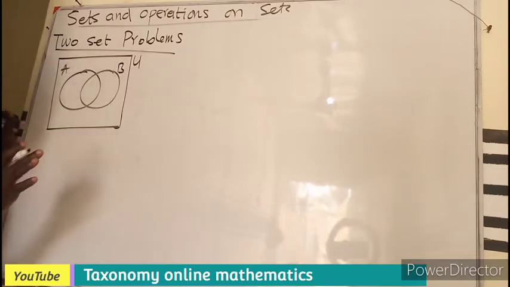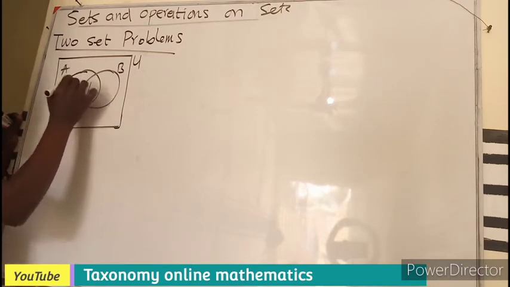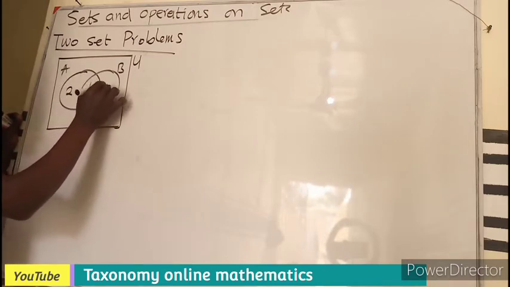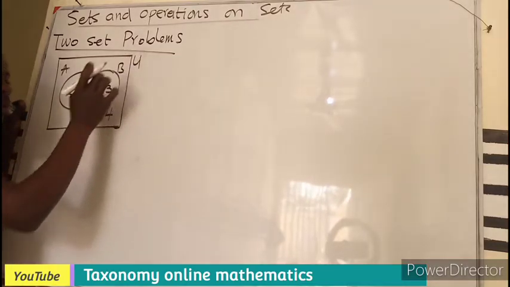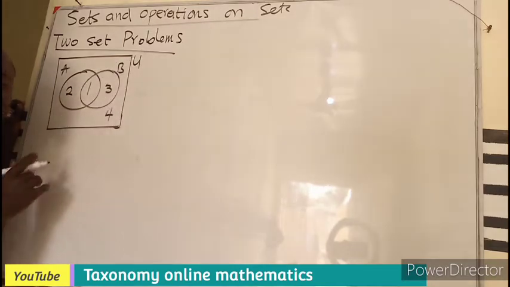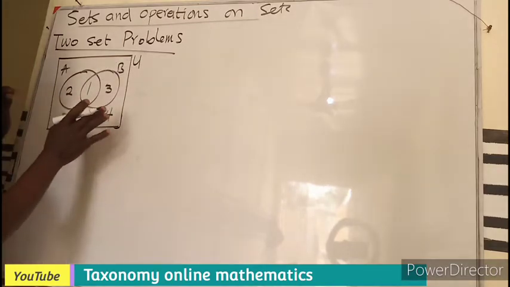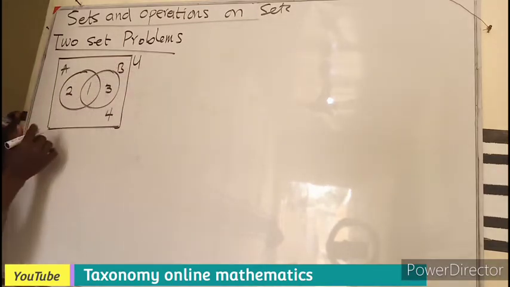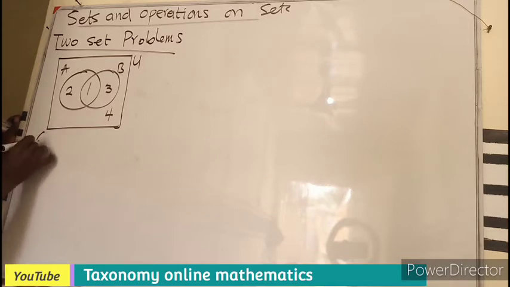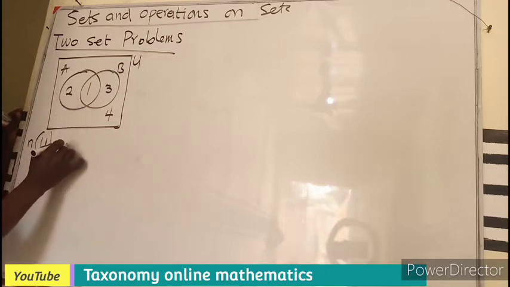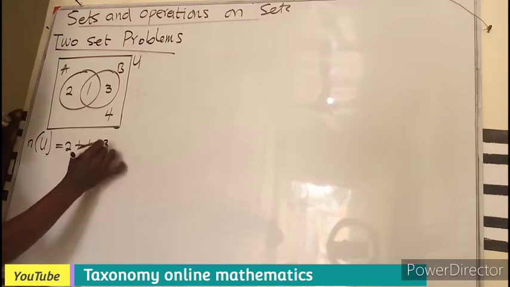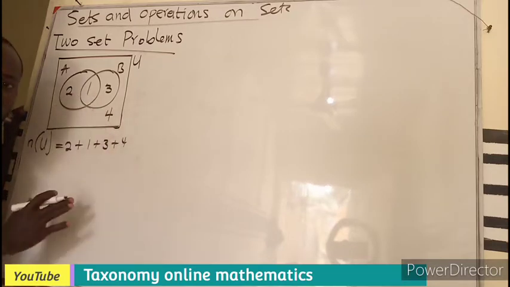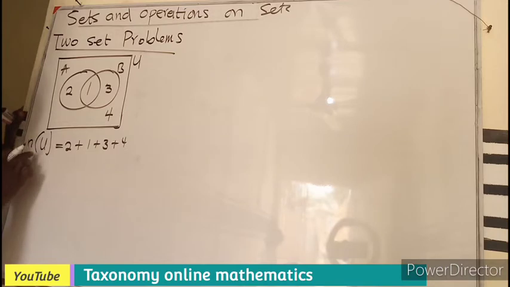By representation, we have region 1, region 2, region 3, and region 4. These four regions sum up to give us our universal set. So the cardinal number of the universal set is region 2 plus region 1 plus region 3 plus region 4. Adding all four regions gives us our cardinal number.